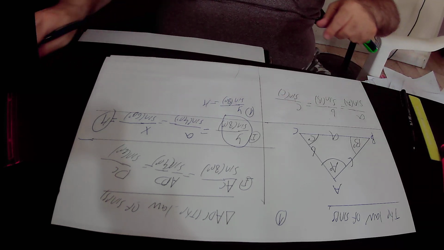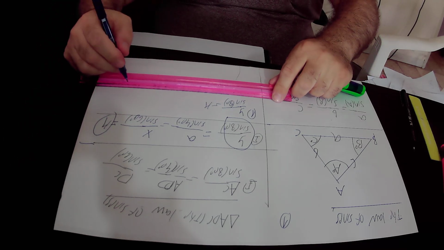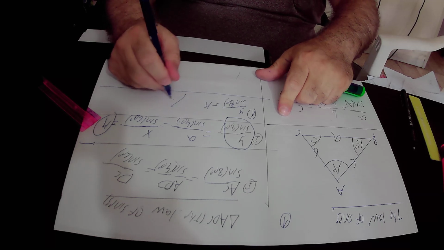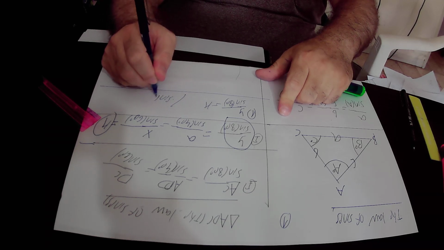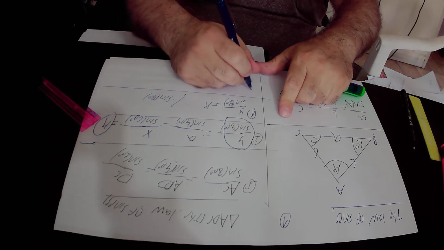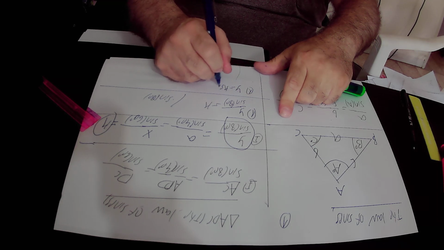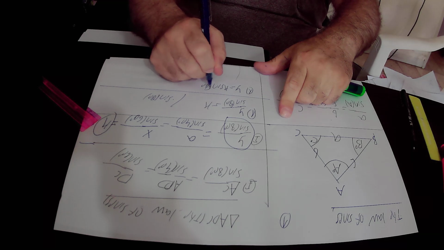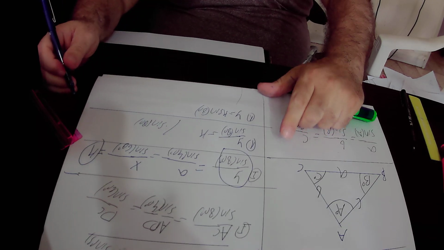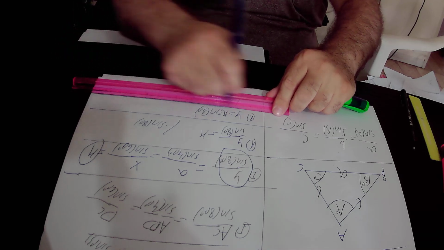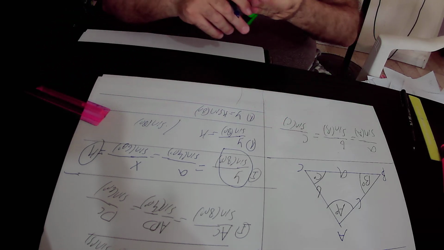We'll multiply this equation number 1 by sine 80 degrees, and we'll get that according to equation number 1, y equals k times sine 80 degrees. So this is the first equation, the expression for y.